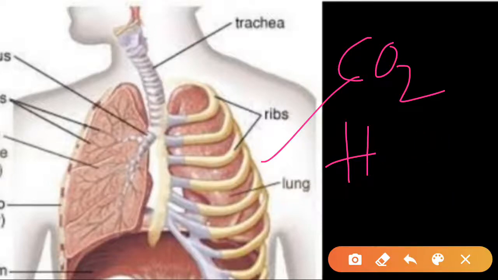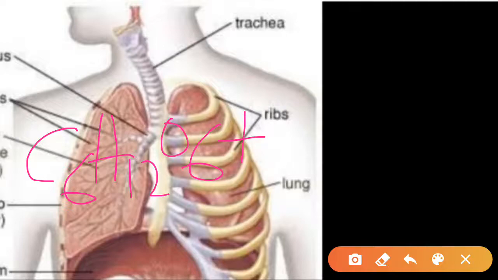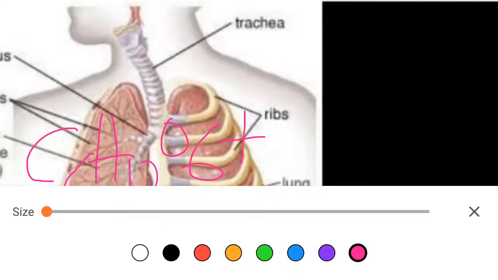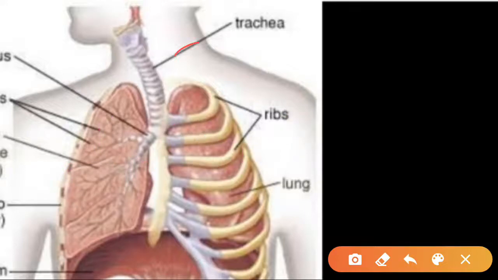So let me clarify. C6H12O6, this is glucose, plus oxygen.